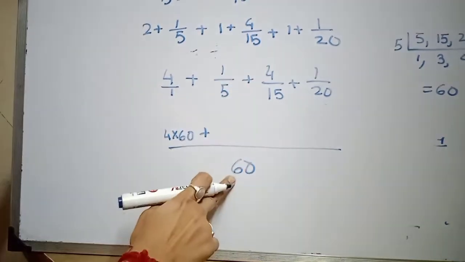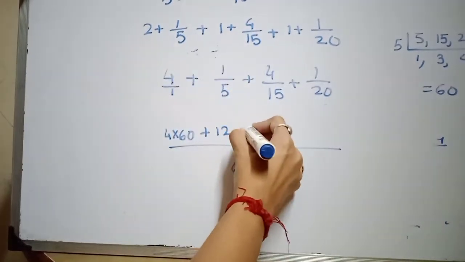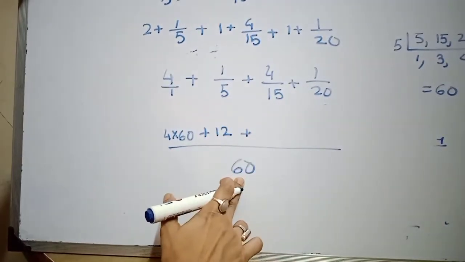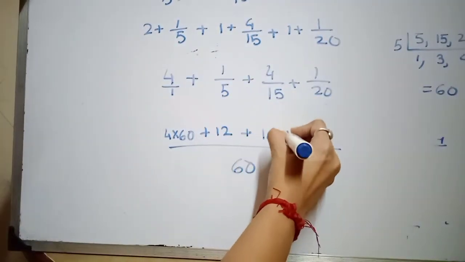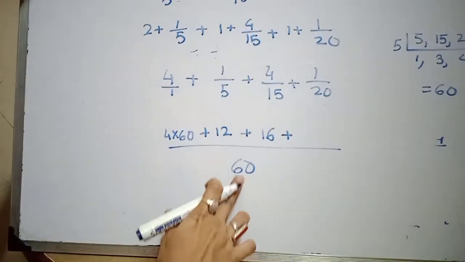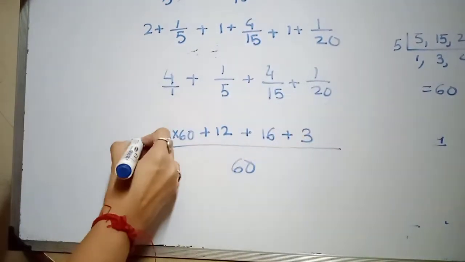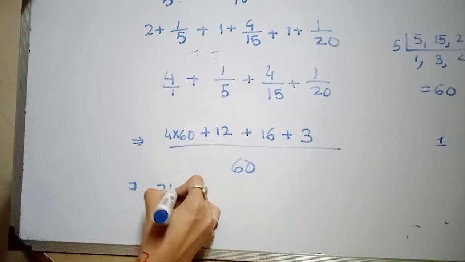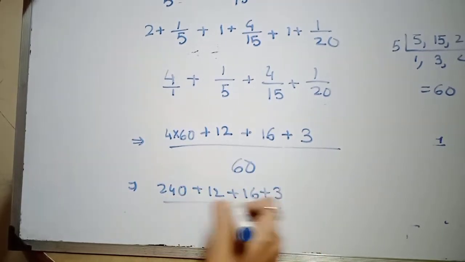Now 60 divided by 5 is 12, 12 into 1 is 12 itself. 60 divided by 15 is 4, 4 into 4 is 16. 60 divided by 20 is 3, 3 into 1 is 3. So what I get here is 240 plus 12 plus 16 plus 3 divided by 60.